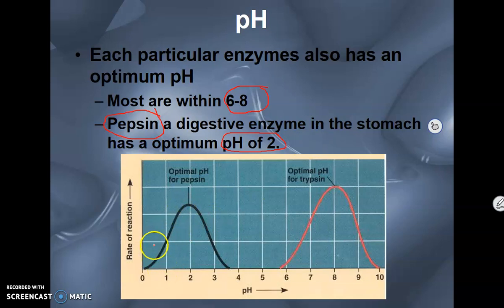Here we see a graph. So pepsin, which is located in the stomach, has an optimum pH of around 2. pH below that, or above that, causes the active site to not be as correct of a shape, and therefore the rate of the reaction decreases. Trypsin, which is in the small intestines and breaks down proteins even smaller, has an optimum pH of about 8, and you'll see the same thing.